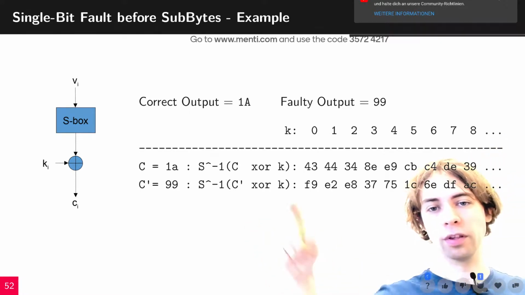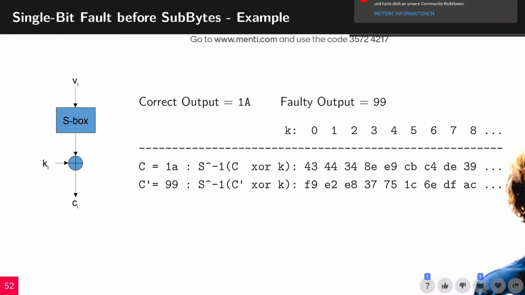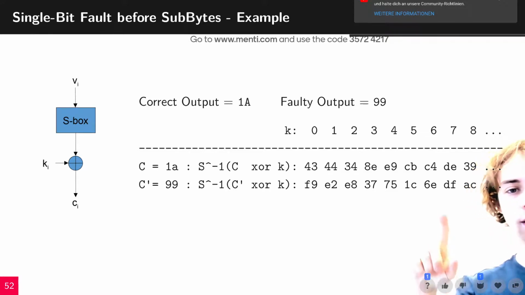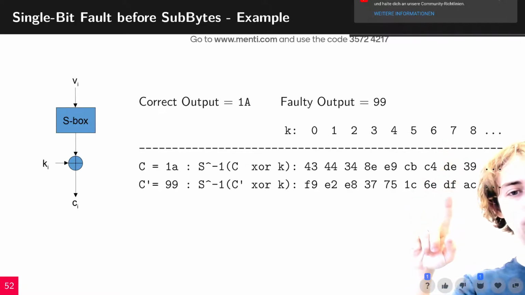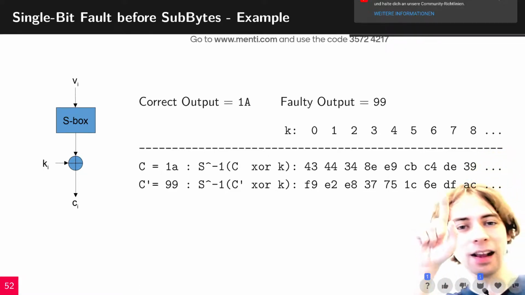So for instance, for 0, for 1, for 2, and so on. We do that for all these possible key bytes. And then we see that, oh, for key byte 7, there's a single bit flip.